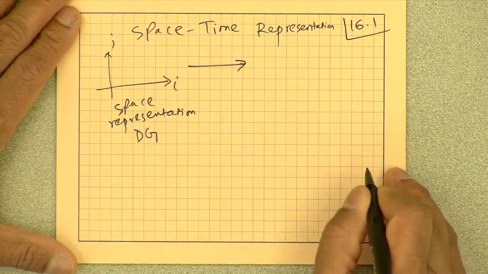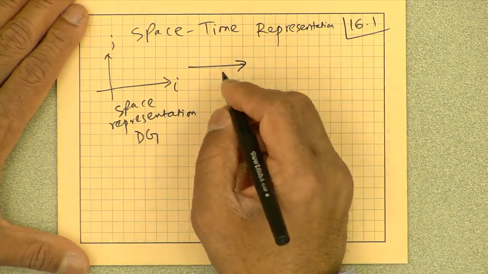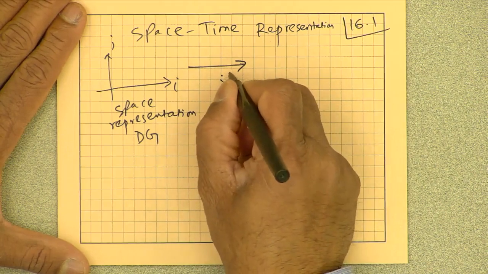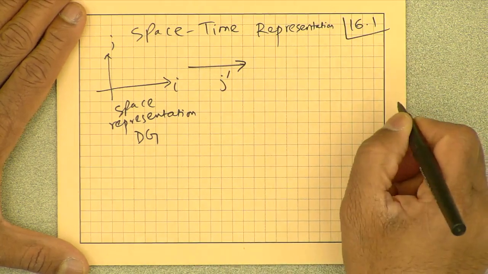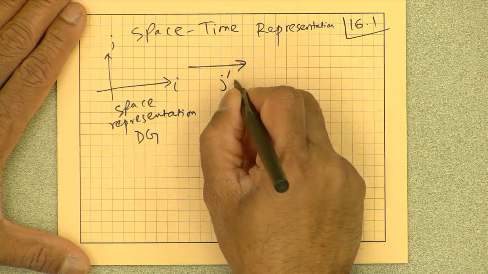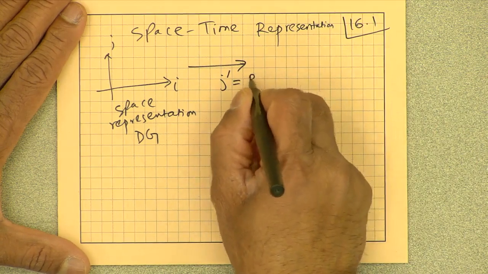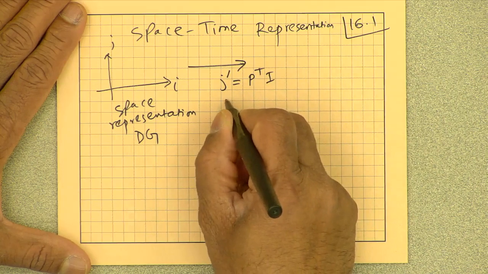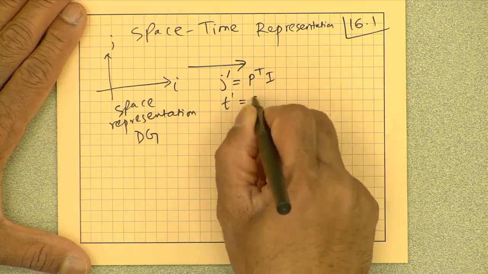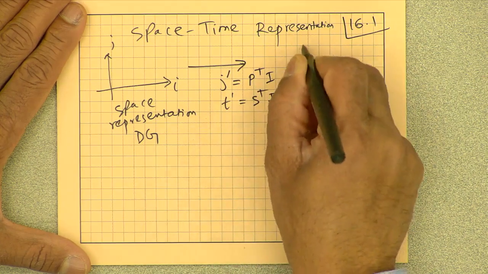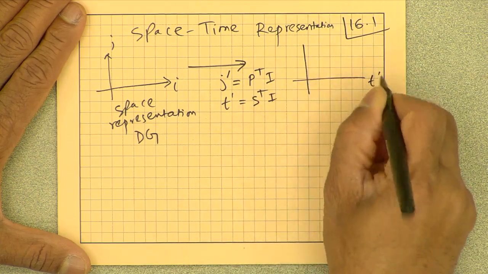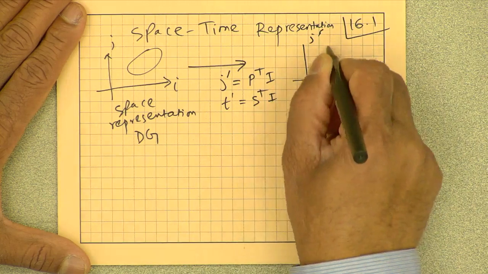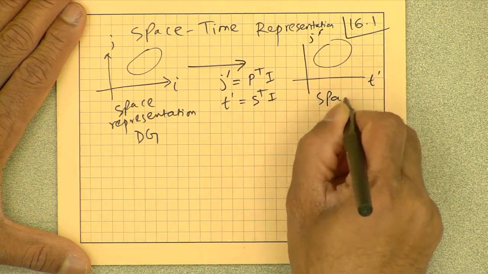When we map that using a linear systolic mapping, I can call the processor axis J prime, that will be P transpose I, and T prime is S transpose I, and that will be a space-time representation. So that's space, and that's space-time.